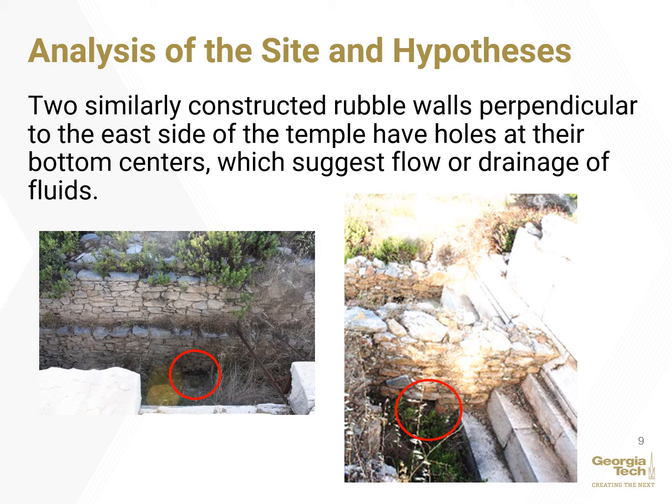Structurally they do not make a lot of sense. There's no reason to support a large marble temple with small walls perpendicular like that. And we found drainage holes at the bottom, which indicated there was some sort of a water channel type function to that area.